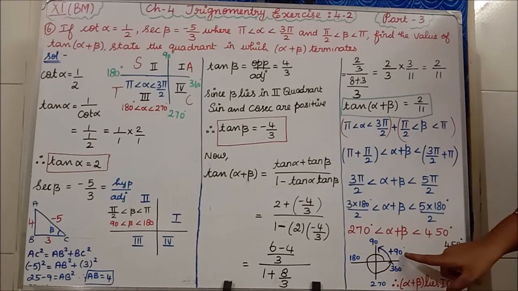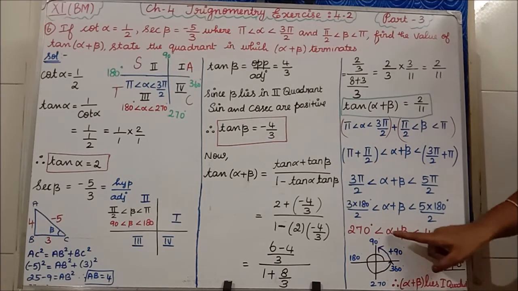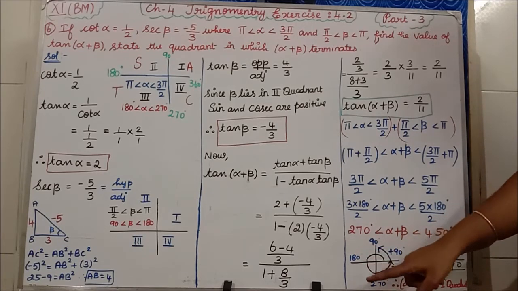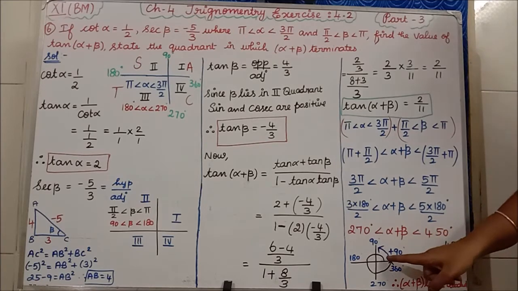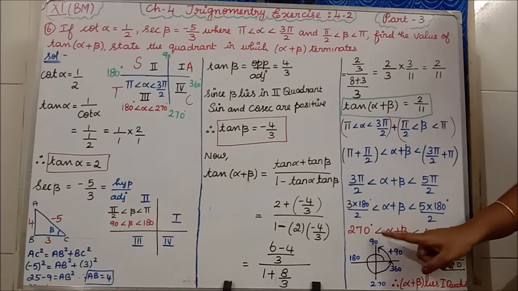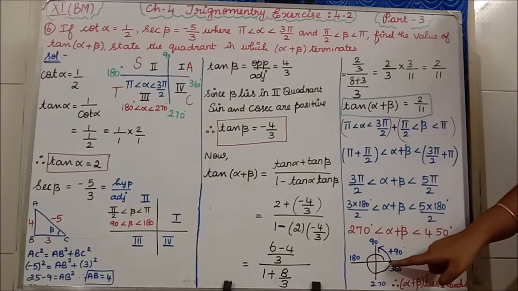It will start from 0 degree, then 90 degree, 180 degree, 270 degree, again it comes to 360 degree. So if you are starting from 0 to 270, it will come here. They are saying 270 degree to 450 degree. So 450 degree means till this line you will get 360 degree.